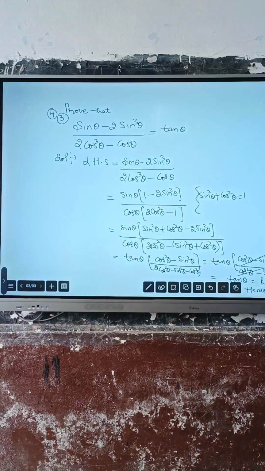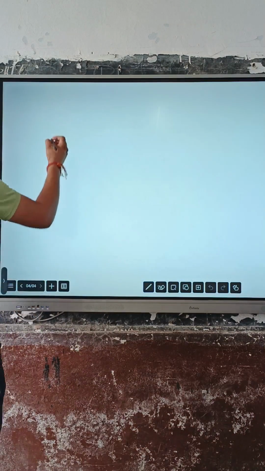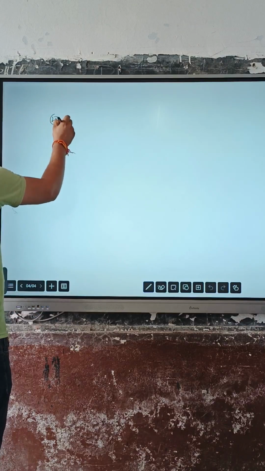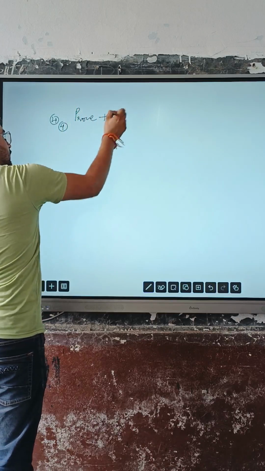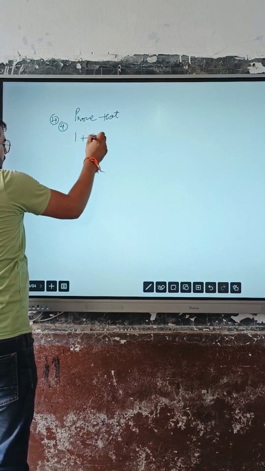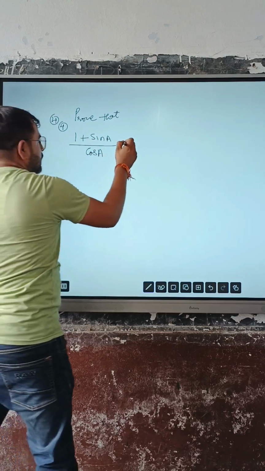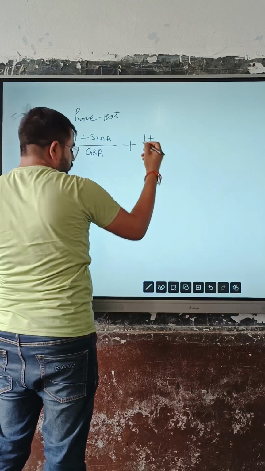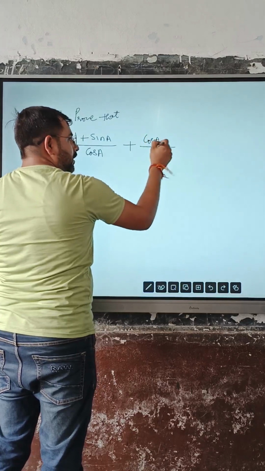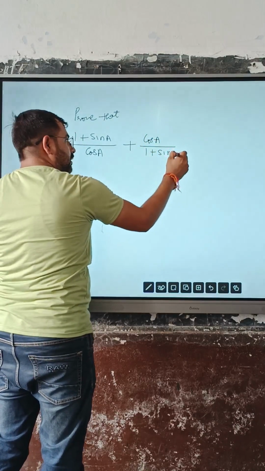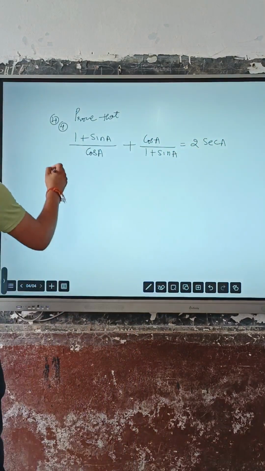So the next question is, prove that 1 plus sin A over cos A plus cos A over 1 plus sin A equal to 2 secant of angle.